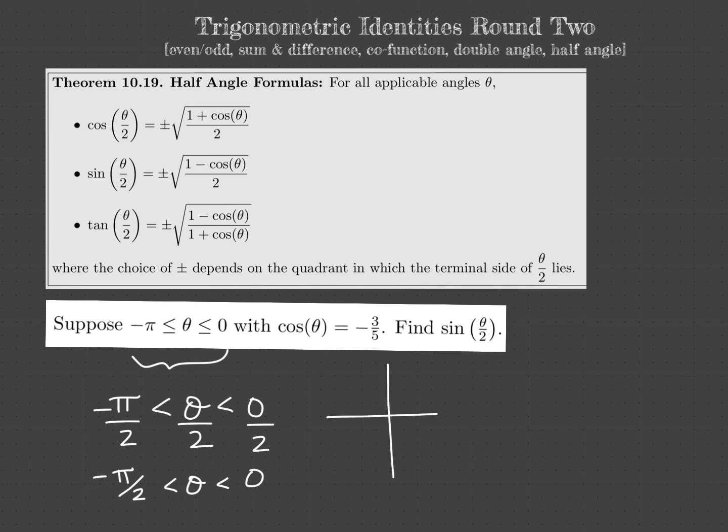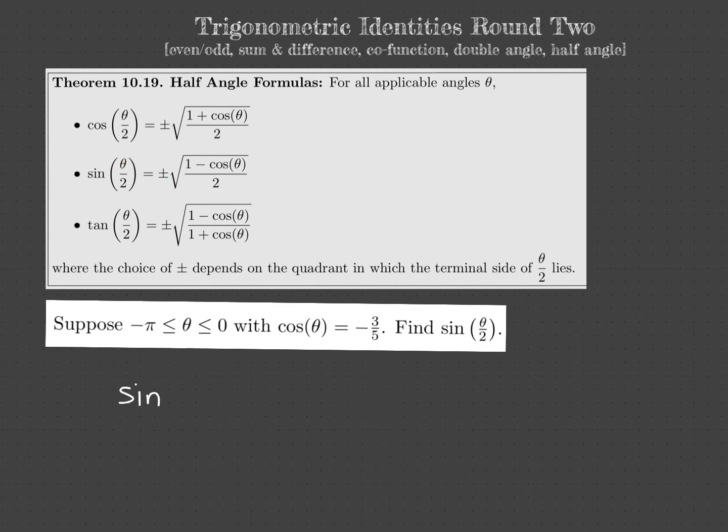If we look at our unit circle, down here is negative pi over 2, and right here is 0. So that means that theta over 2 lies in quadrant 4. In quadrant 4, sine is negative. Therefore, we're going to use the negative sign in front when we find the sine of theta over 2.